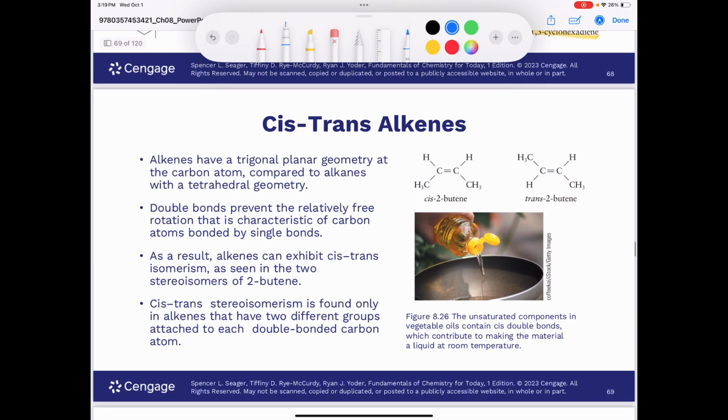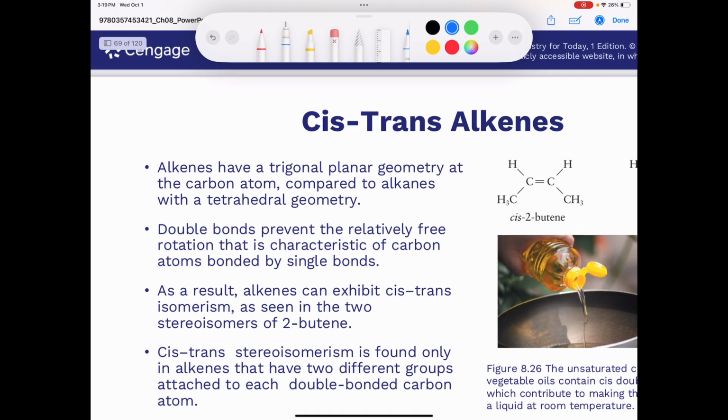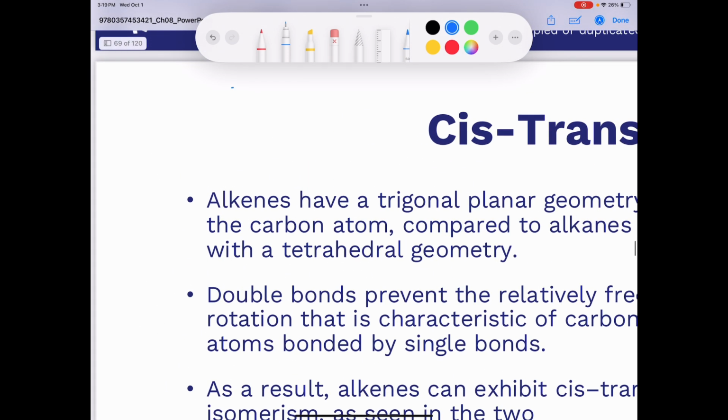Now, this is something you heard me allude to at the very beginning of this section, which is about cis and trans alkenes. Now, we saw cis and trans on a cycloalkane. If you remember from a previous video, we drew a cycloalkane like this, and we said, okay, if you have 2 groups that are on the same side of the molecule, if you draw 2 wedges like this, you would call this molecule cis-1,2-dimethylcyclohexane.